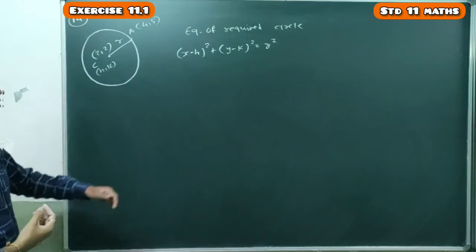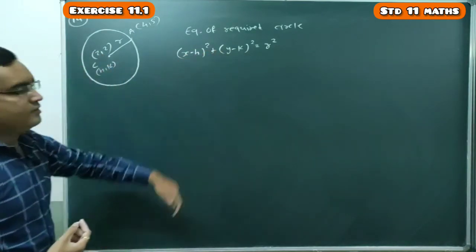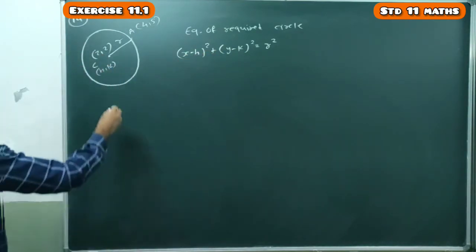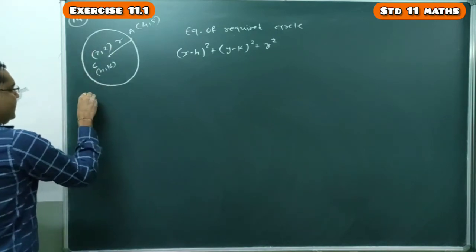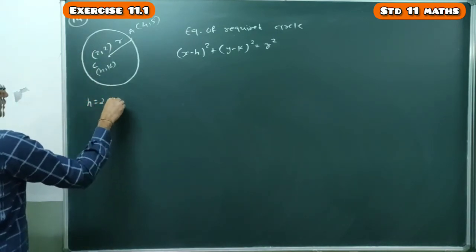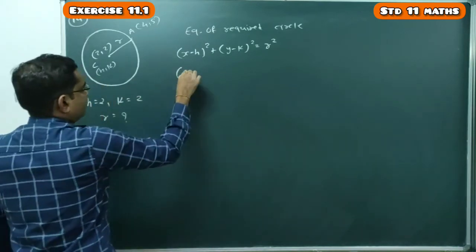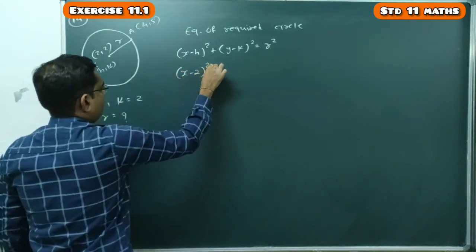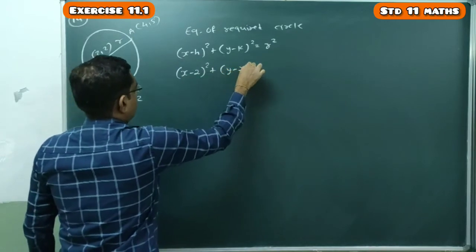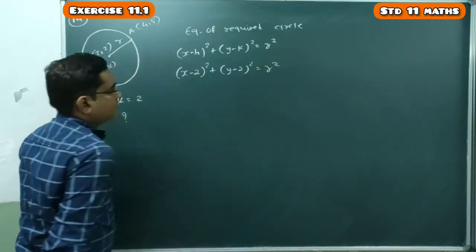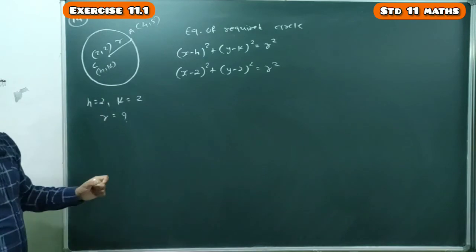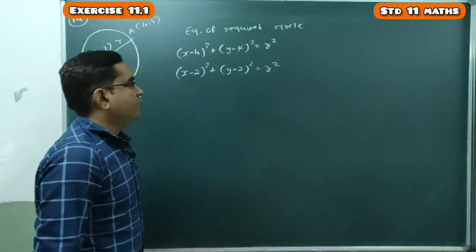Here h and k are the coordinates of the center of the circle. Given 2, 2, put h equal to 2, k equal to 2. But what about r? r is not given. So this one is x minus 2 whole square plus y minus 2 whole square equal to r square. Now, the third thing, we have to find the value of r.